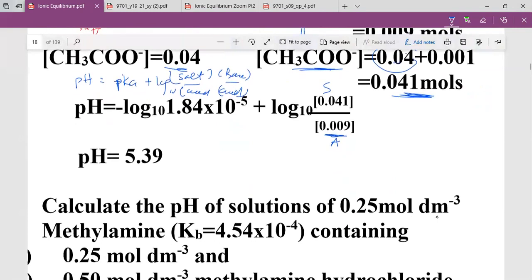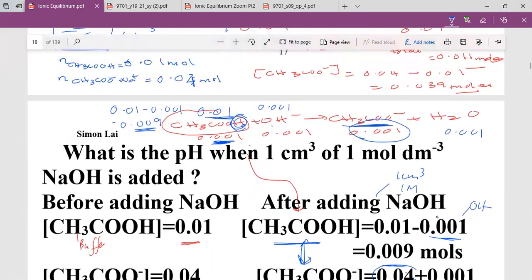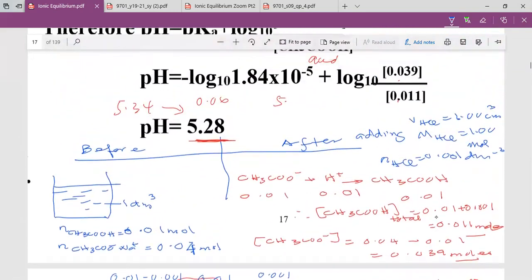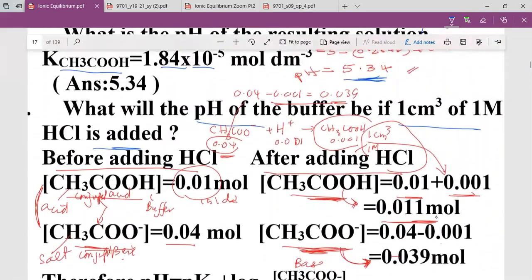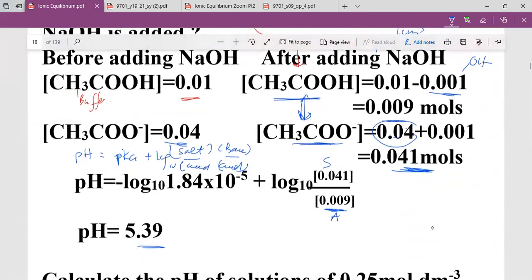You do the calculations and you get 5.39. Hardly any change at all. Originally how much? 5.34. 5.34 goes to 5.39, which means about 0.05 change. Of course, it becomes higher because of the alkali. It means it resists change. You got it? So that's how a buffer works.